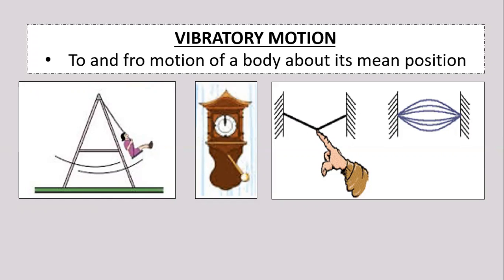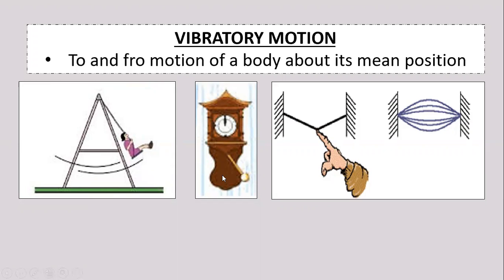That point is its mean position, the rest position. But once you sit on it, the swing will start moving back and forth. The motion continues, but this motion is about its mean position, the stationary position. So such a motion is called vibratory motion.